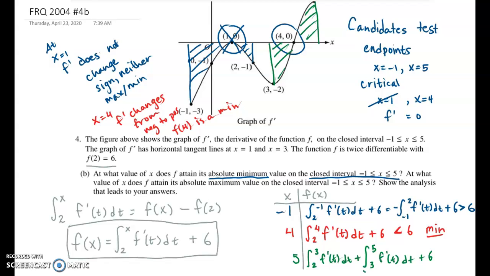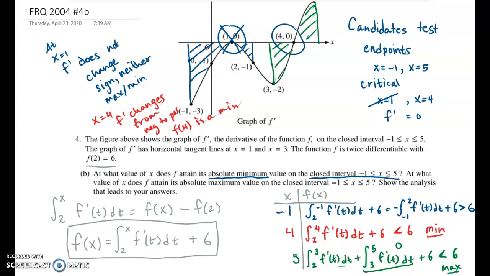I know that this part is 0. I know that this part is less than 0, so I know that the value of f at 5 is going to be less than 6. I also know that there's a maximum at 5. I also know that it's bigger than f of 4 because I was increasing up to that point.